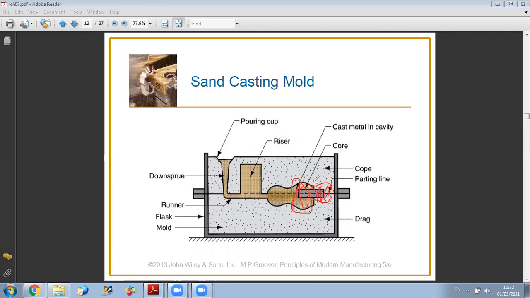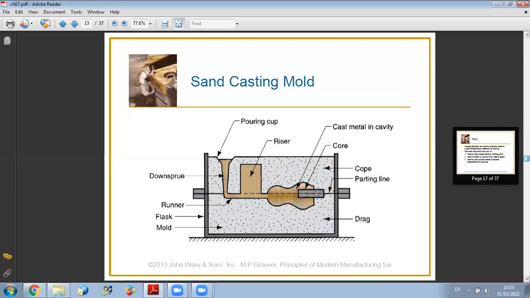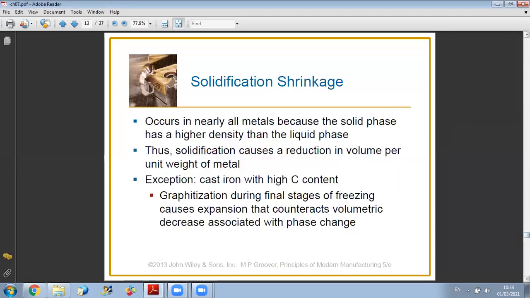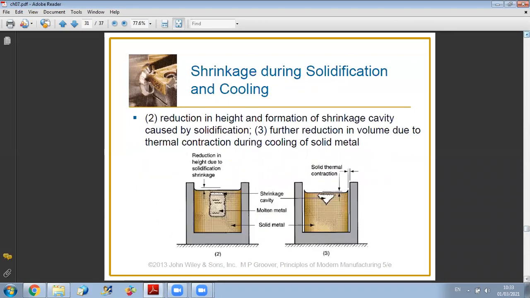So here, of course, I need two risers, one from this side and one from this side, for example. Okay? Any question on this? Okay. So this is called directional solidification.